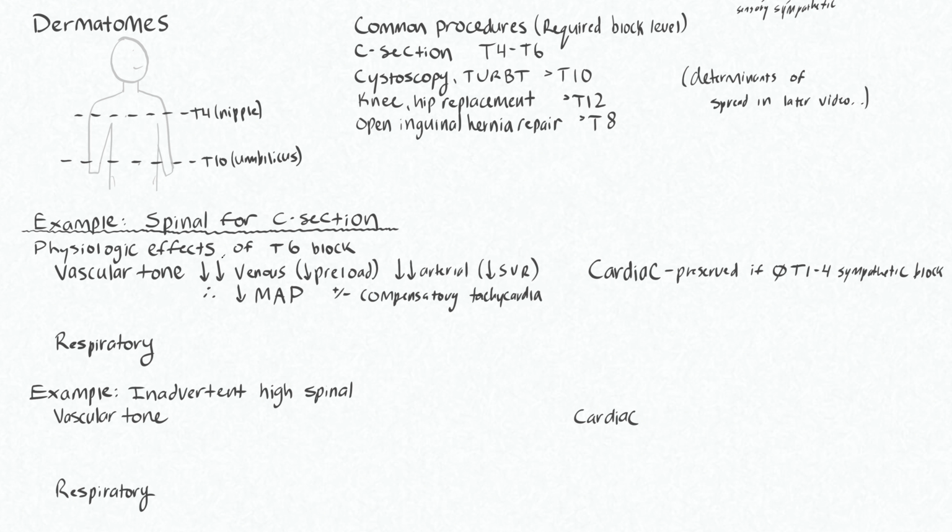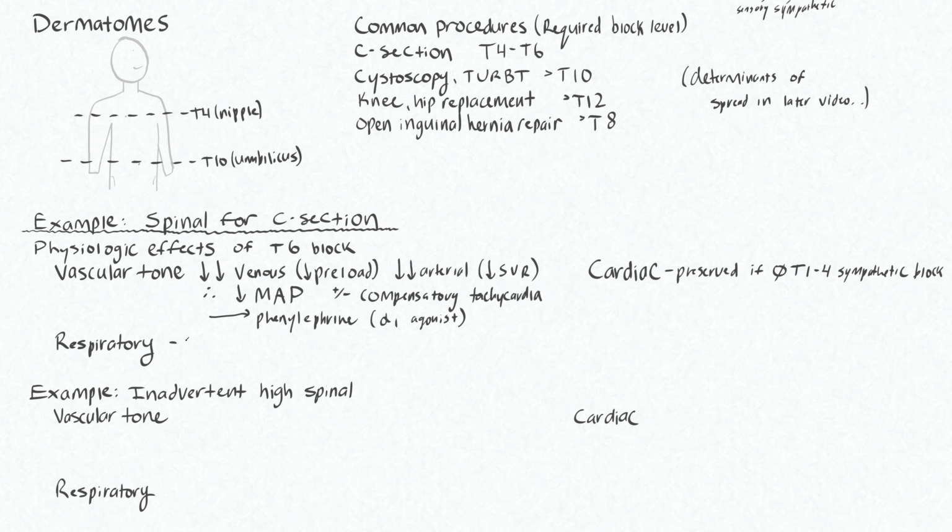And these changes are extremely predictable. So much so that most people will give some type of prophylaxis, namely phenylephrine, which is an alpha-1 agonist, which directly addresses our issue of low venous tone and low arterial tone to restore somewhat of a normal MAP.